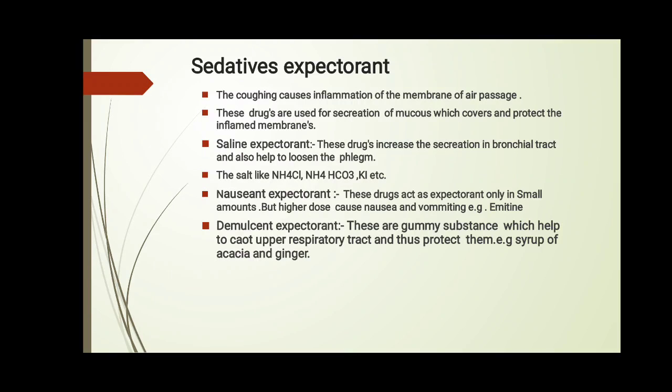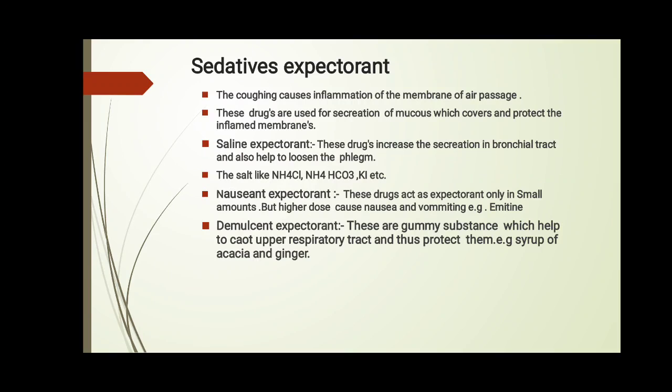What is a sedative expectorant? Sedative expectorants are further classified into three types: saline expectorant, nauseant expectorant, and demulcent expectorant. Coughing causes inflammation of the membrane of the air passage, right?